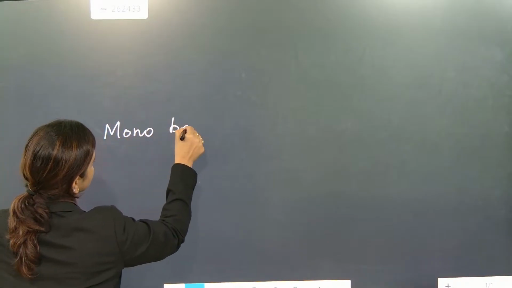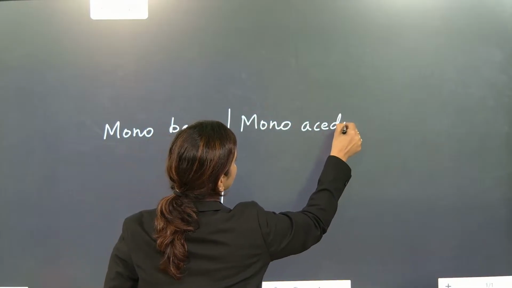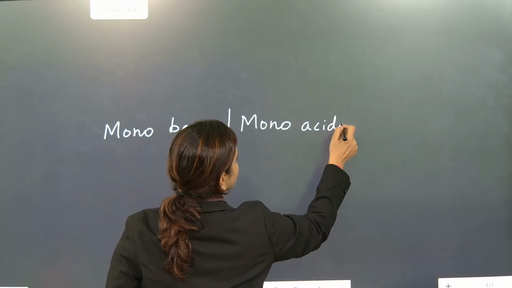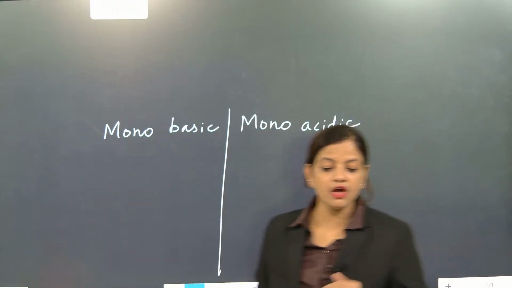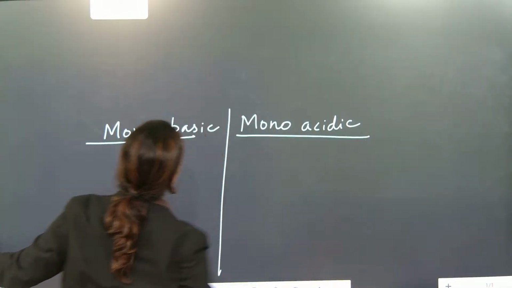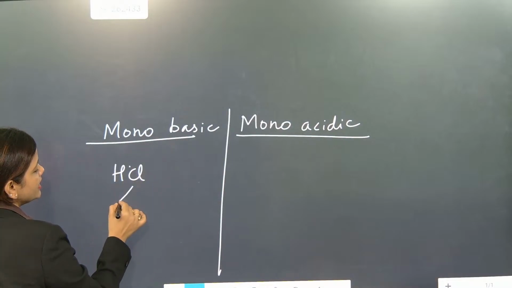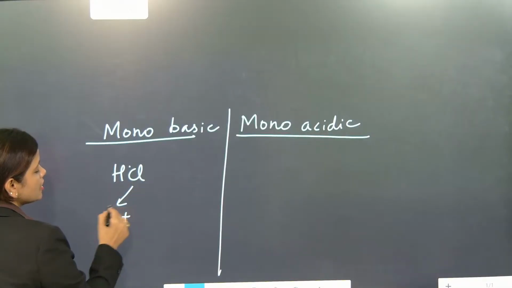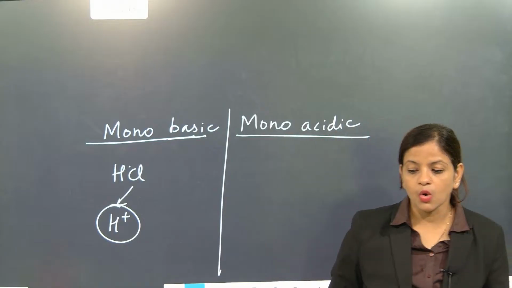See, I'm going to explain this one very nicely. What is monobasic and what is monoacidic? We need to understand first the meaning of monobasic. An acid, when it releases H plus, is called monobasic, because it is going to combine with OH minus.